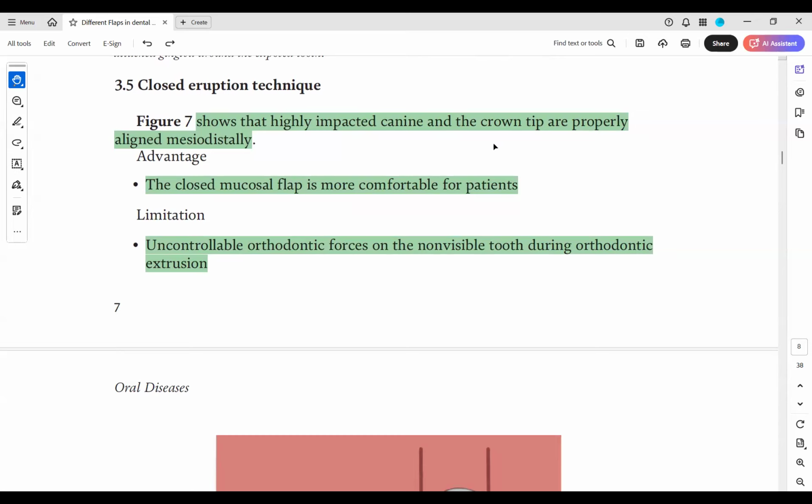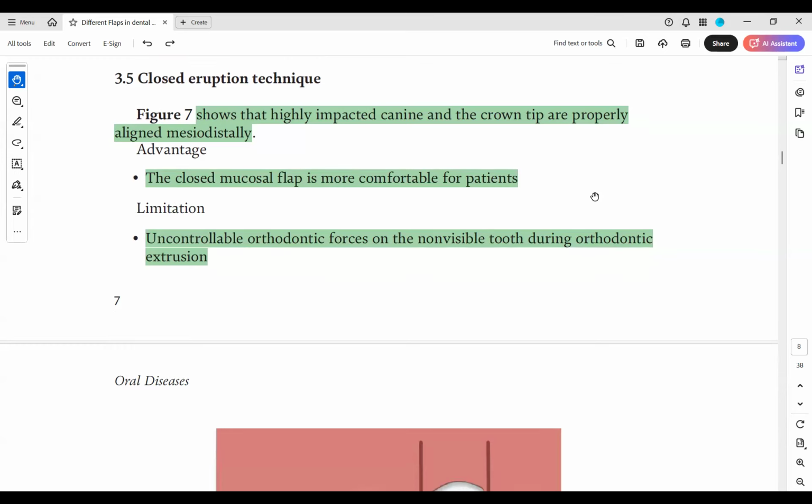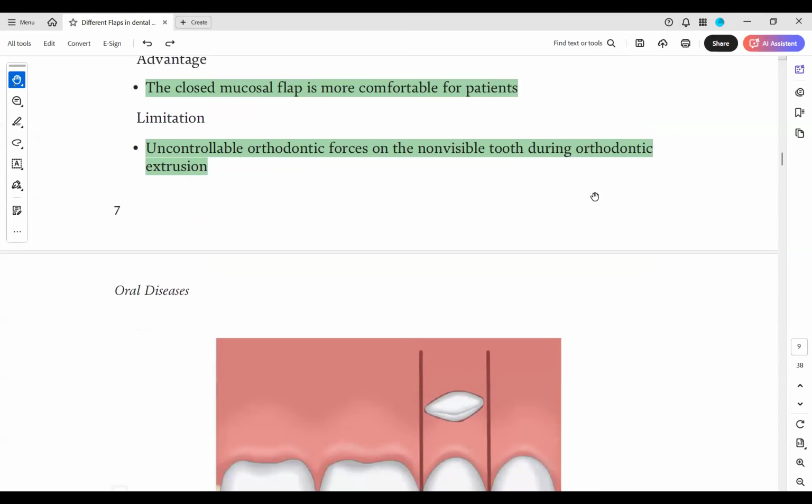So for highly impacted canines, where the crown tips are also pointing extremely mesially or distally, closed flaps are more comfortable because the entire bone above the canine is not removed. Okay?